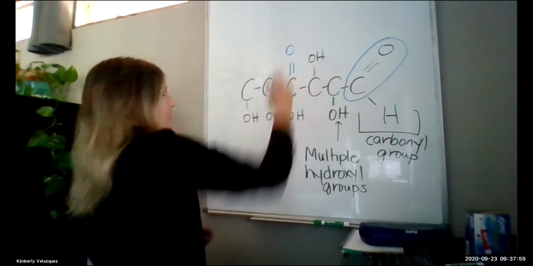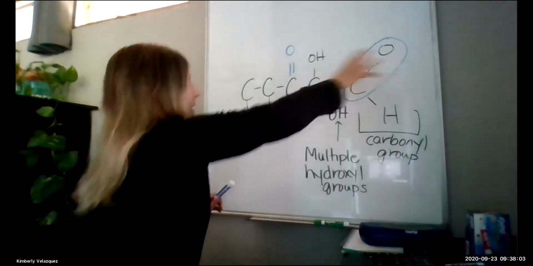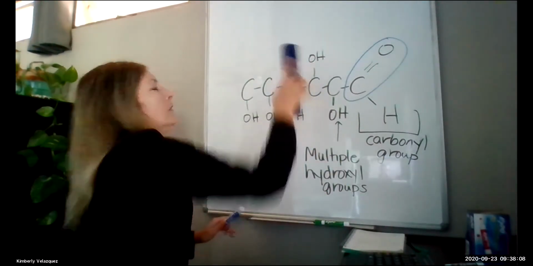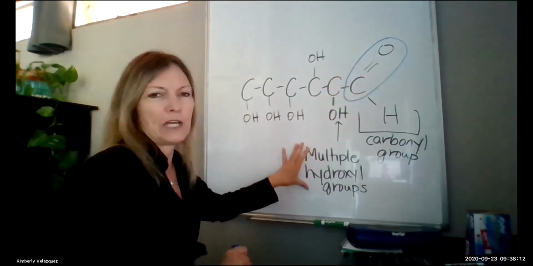You could have a carbonyl group anywhere in this molecule and it would be a sugar. Some sugars have the carbonyl group at the end and some have it in the middle, and then you wouldn't have that OH there. So this is what makes it a sugar: a carbonyl group and multiple hydroxyl groups.